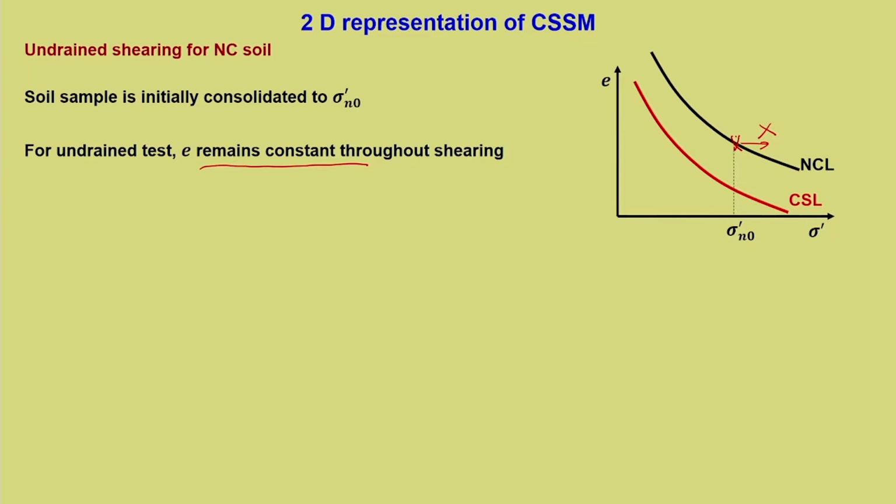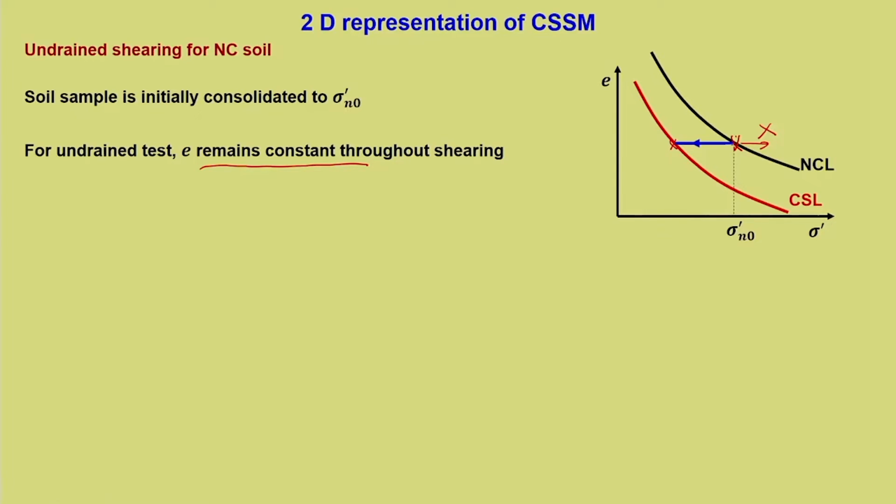So, how should it move? It has to move in this direction. So, this is the only possible way by which the state of the soil would change. That is, this is the starting point, and during shearing for NC at constant E, this is the path till it reaches the critical state line.